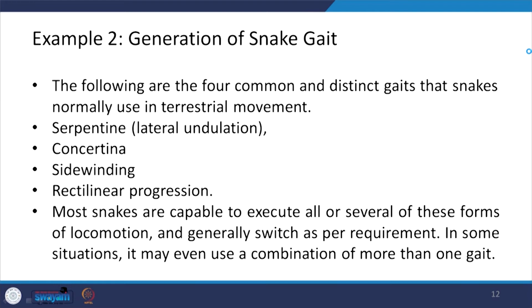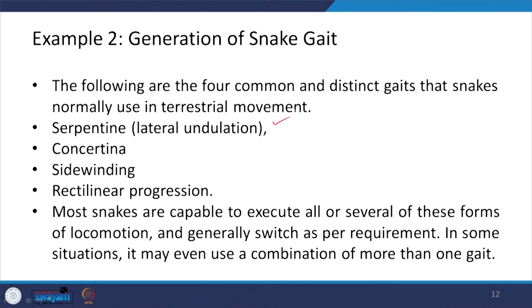Next, let us take the example of generation of a snake gait. Snakes usually follow different gaits, or they may use a combination of these gaits.